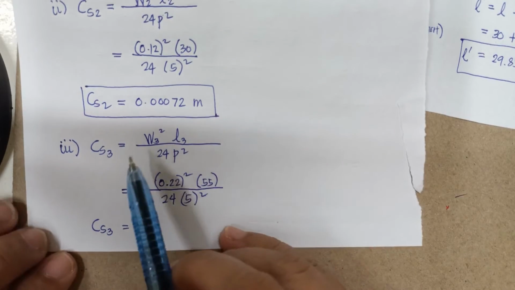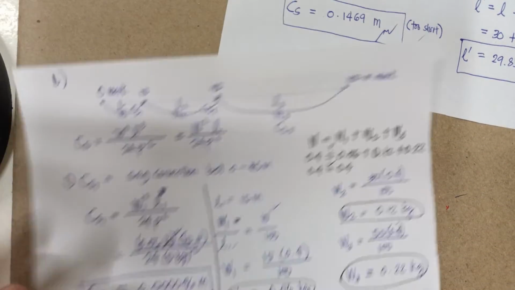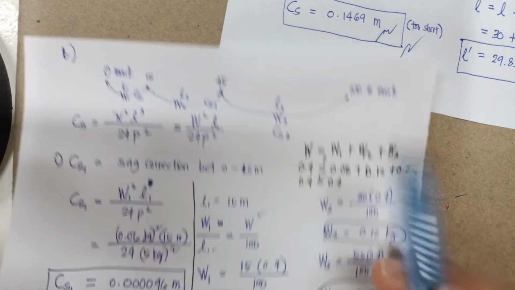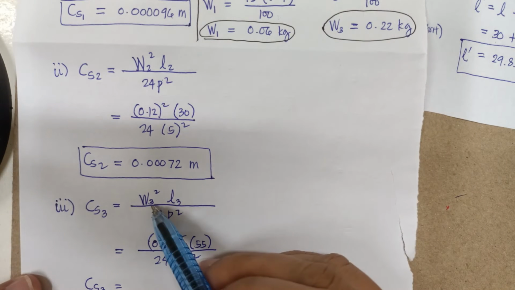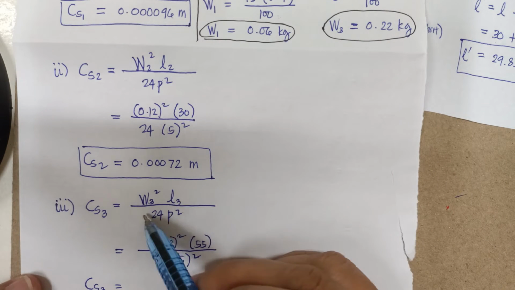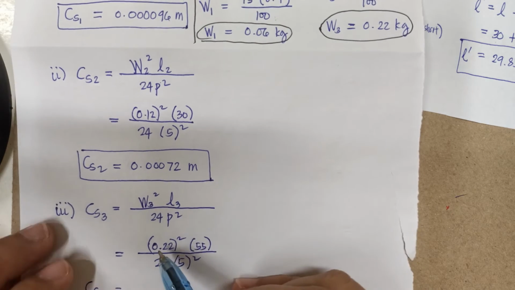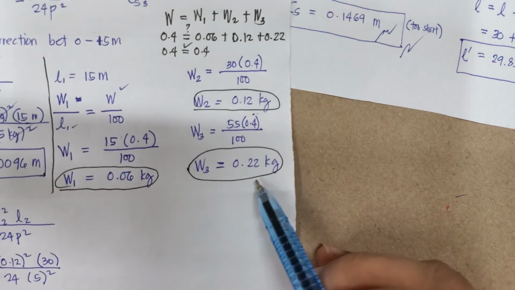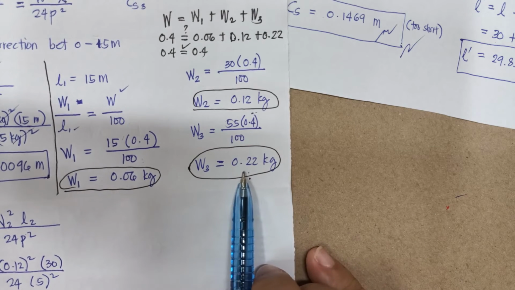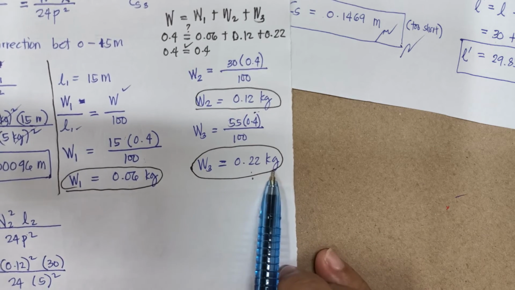Okay, so for CS3, that is the sag correction between 45 to 100. Of course, we have W sub 3 squared L3 divided by 24 times P squared. We know that W3, we already computed, is 0.22 kilograms.